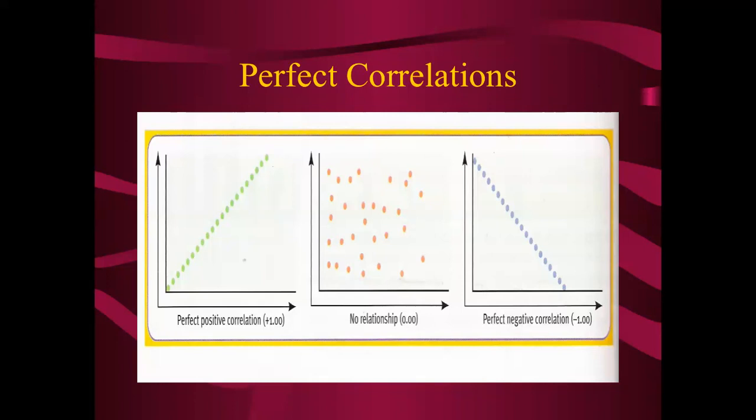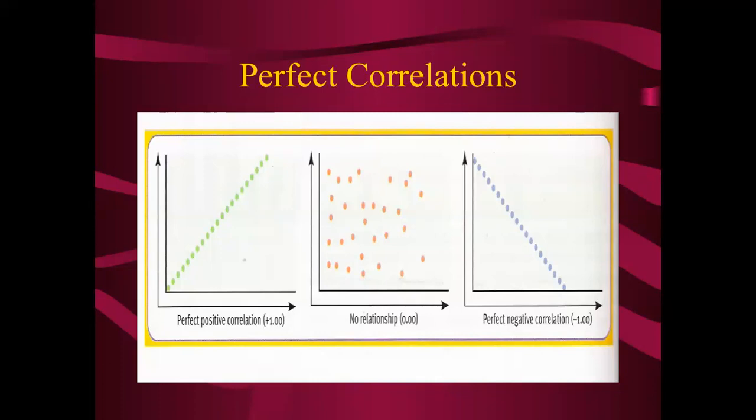A perfect negative correlation, you can also connect all the dots with a single straight line. However, it's sloped downward to the right. So visually, you'll know what kind of correlation you have by the trend of the dots. If it's sloped upward to the right, you're looking at a positive correlation. If it's sloped downward to the right, you're looking at a negative correlation.